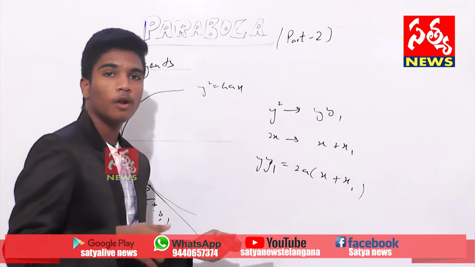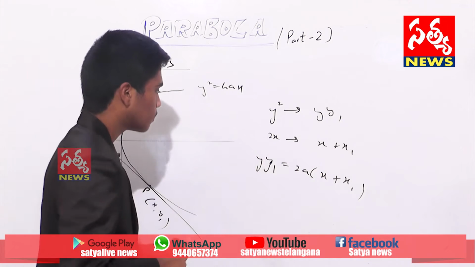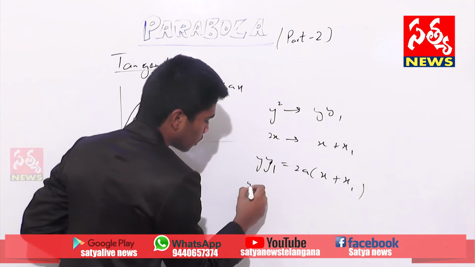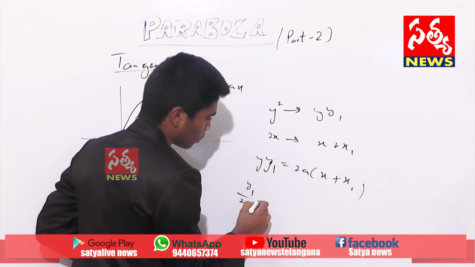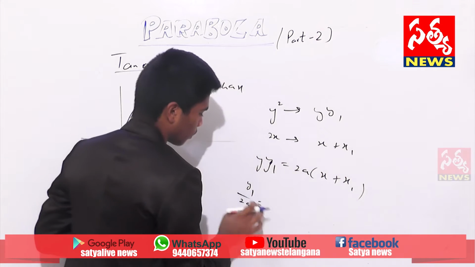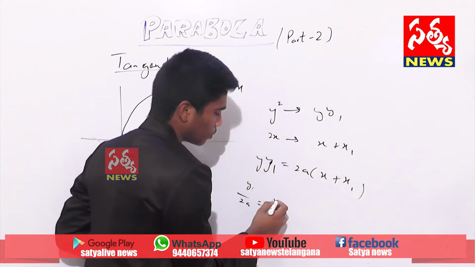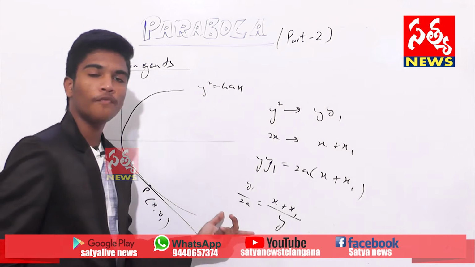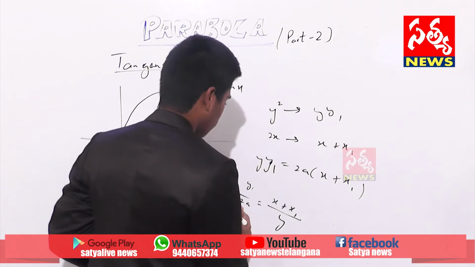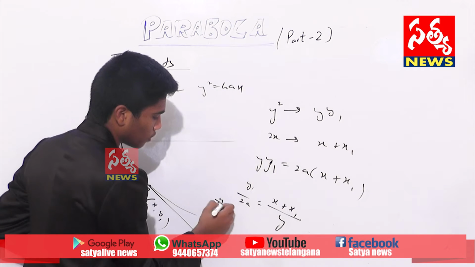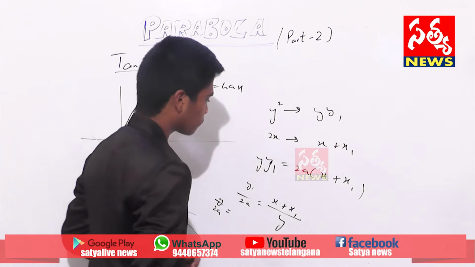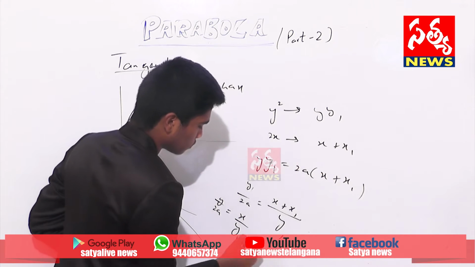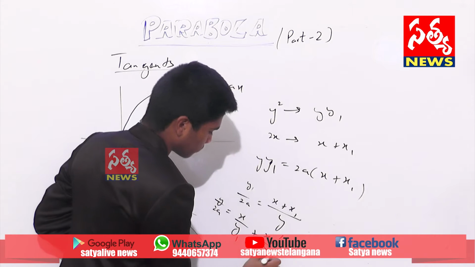Now we can also write it in another form, where I am going to take this 2a here: y y1 by 2a equals x plus x1, so y by 2a equals x plus x1 by y1. So that I can get a form of y equals mx plus c. So here y by 2a equals x by y1 plus x1 by y1.